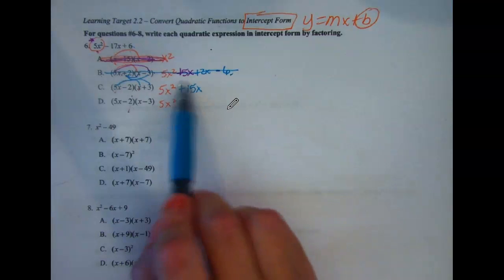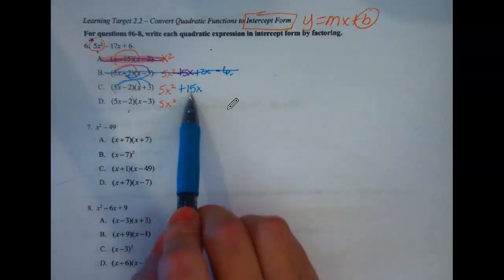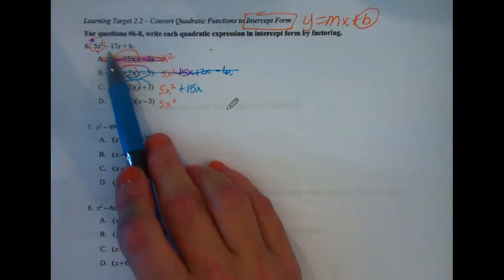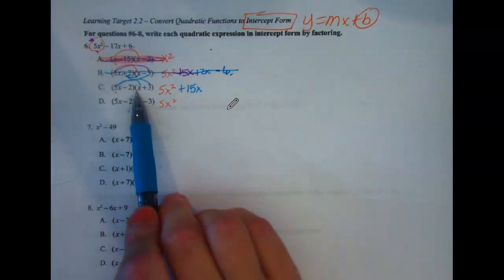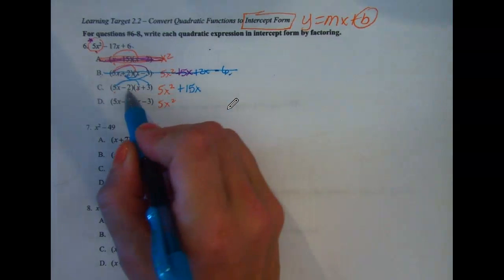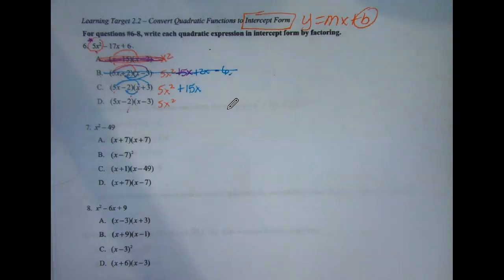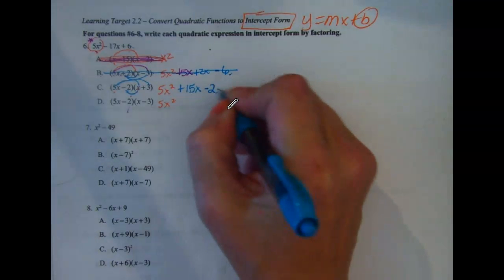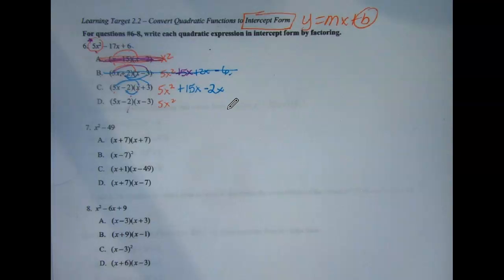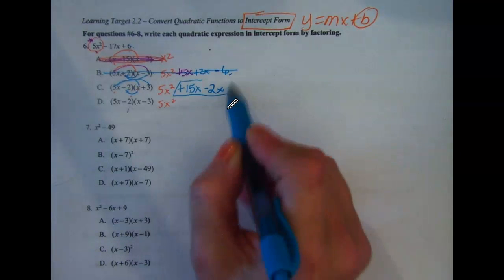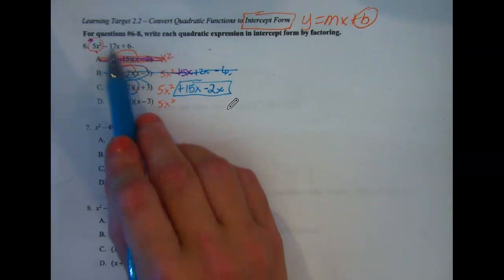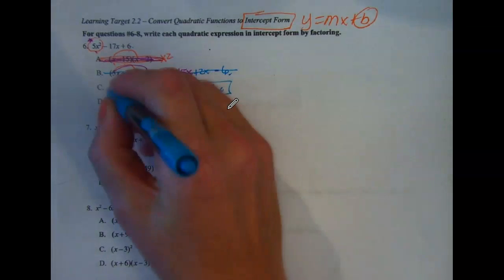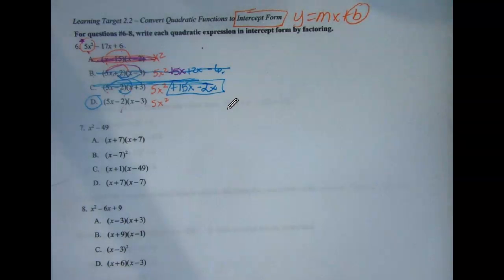So if we have a big number plus 15x, that's telling me we're probably not going to get a negative 17. But we're going to keep going just so you can see. And then I would have a negative 2x minus 2x. So even if I go any further, look at this. When you combine these two, I don't get a negative 17. I know it's not this one. So it has to be D.